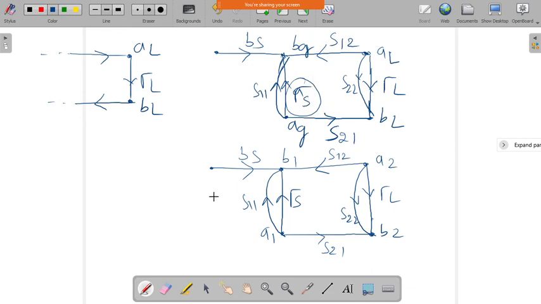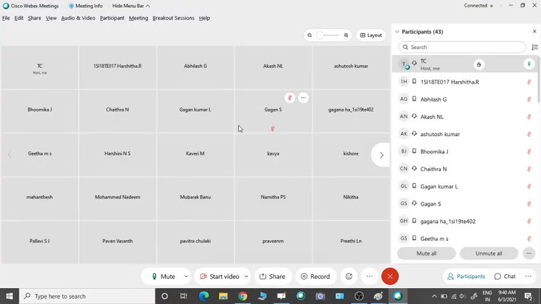We'll see how to reduce the signal flow graph by using Mason's gain formula, which we have also used in control systems. We have to follow some rules in order to reduce the signal flow graph. Is there any doubt till now? If you have any doubt you can ask, otherwise we'll see what rules we can follow to reduce the signal flow graph.